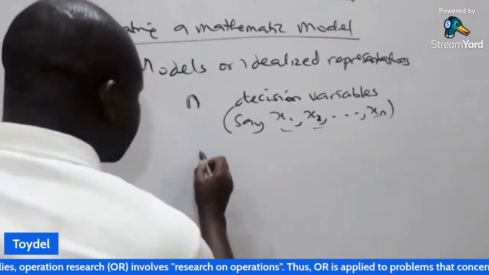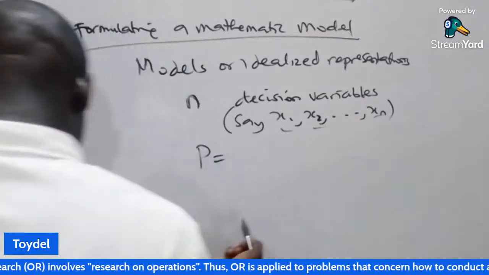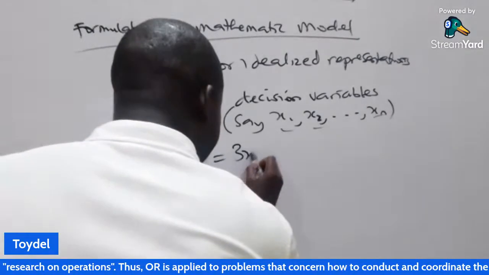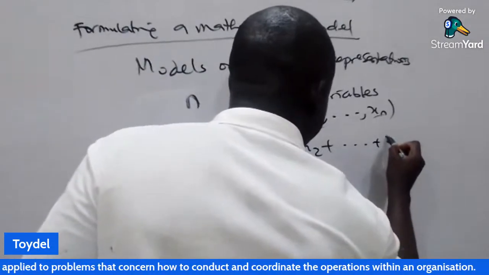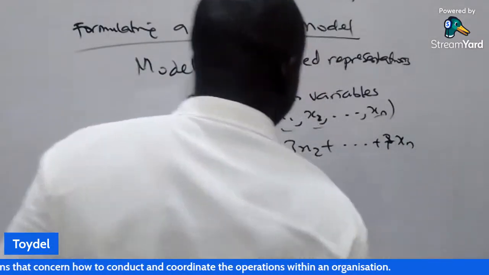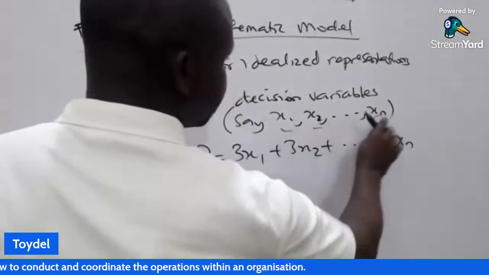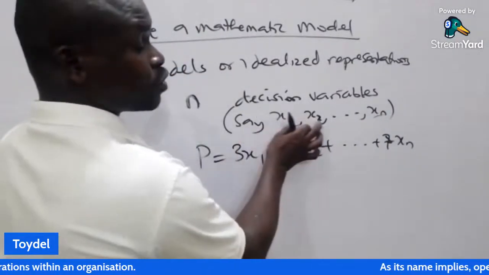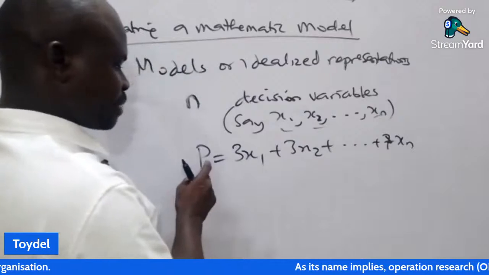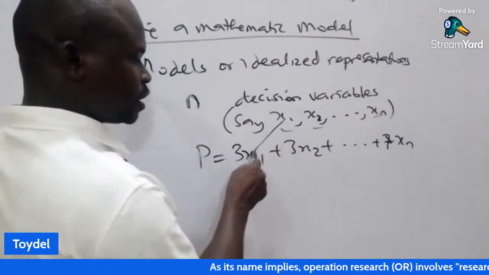For instance, we can say P, maybe price. The price can be equal to maybe 3x1 plus 3x2 plus ... plus maybe 7xn. In this case, these are the decision variables, x1, x2, x3, to be determined. But let's say this is price, maybe for one commodity.